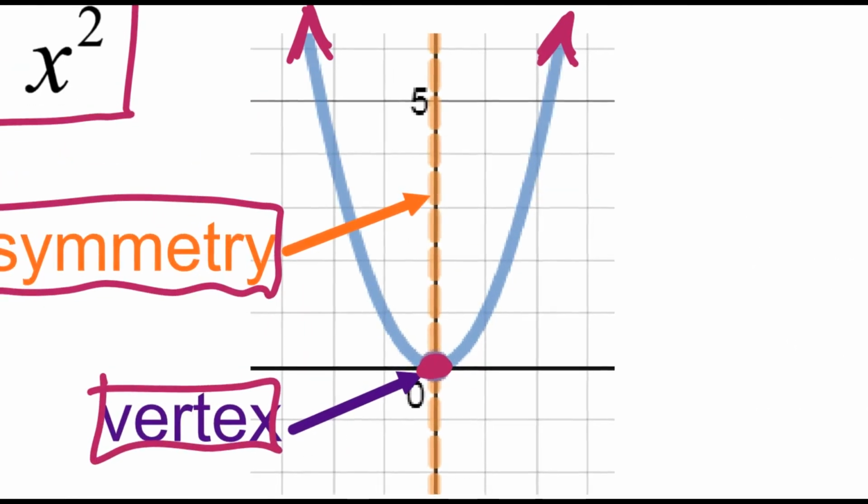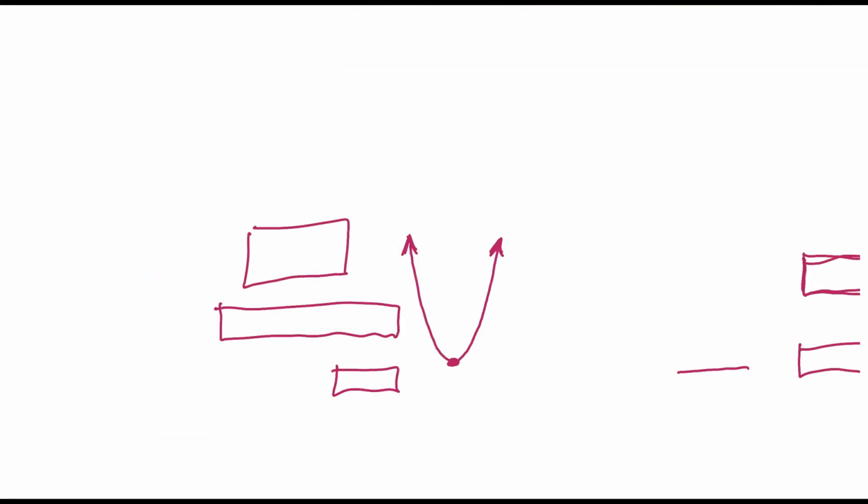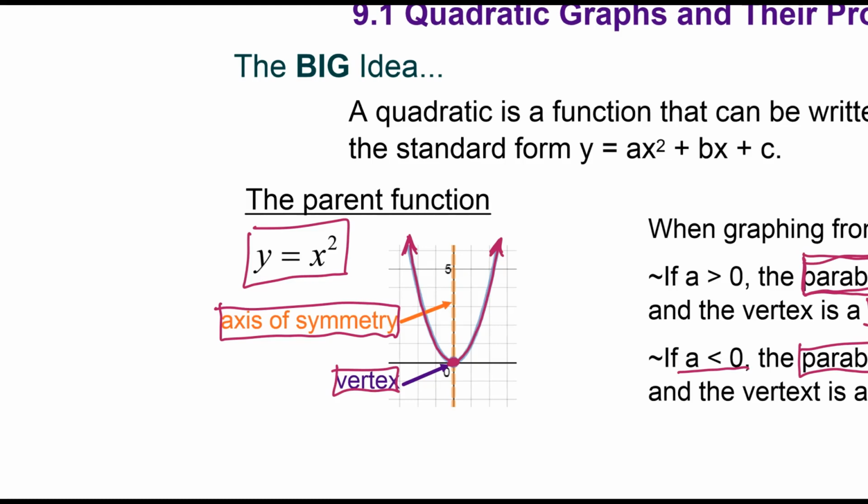If I zoom in, you can hopefully notice that my parabola is a curve shape. It is not a totally straight line as it is in our unit on linear functions. This is not linear, so it does not come to a V like I have displayed next to that graph. It doesn't do this right here, so this is incorrect. Don't do that.